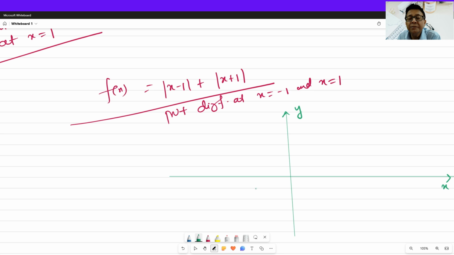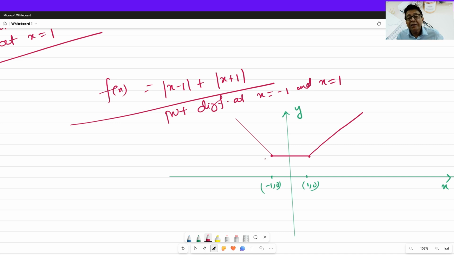This point is (1, 0), this is (minus 1, 0). In between minus 1 and plus 1, this function has this form. You may write or you don't write. The graph of the function will be like this. Okay? So it will not be differentiable at x equal to minus 1.